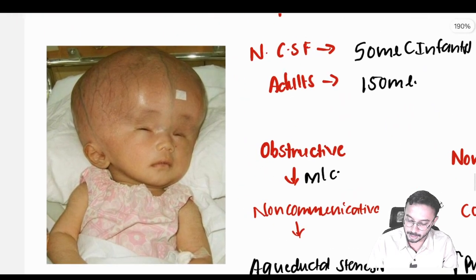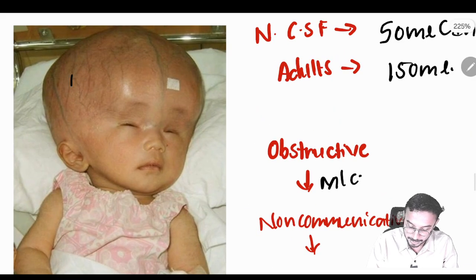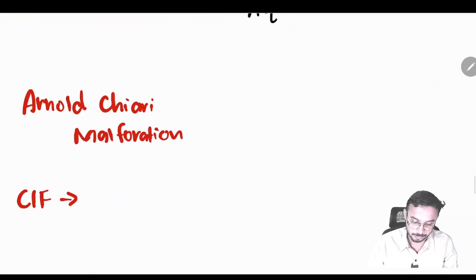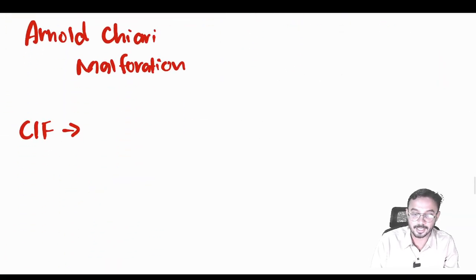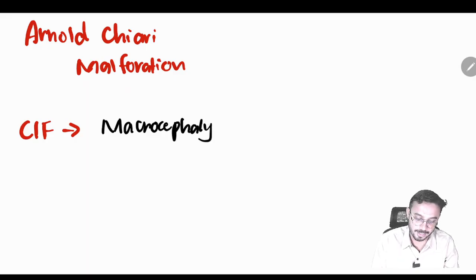Look at the skull of the baby, the head of the baby, it is too big. You can see this prominent neck, and these veins will also become prominent. So let me teach you the clinical features. The first is macrocephaly, where the head of the baby is greater than +2 standard deviation.